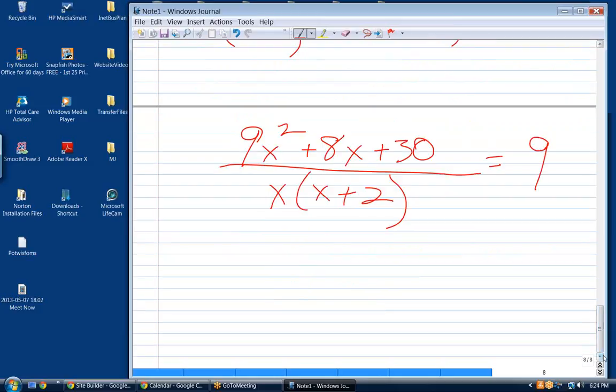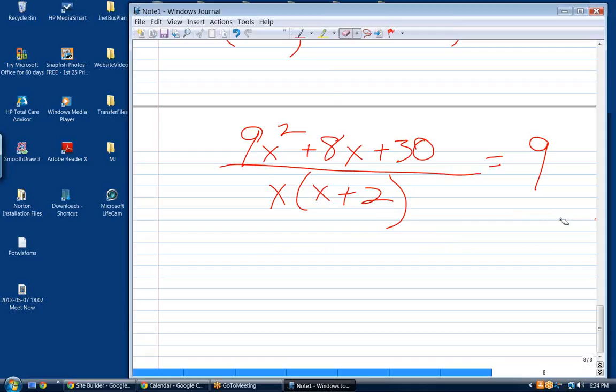Now let's get rid of this denominator. How do I get rid of this denominator? Multiply the left side of the equation by it and multiply the right side of the equation by it. In other words, this is completely different than multiplying fractions, which I can only multiply by the number 1.